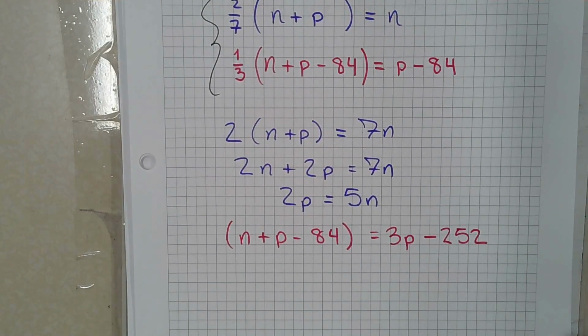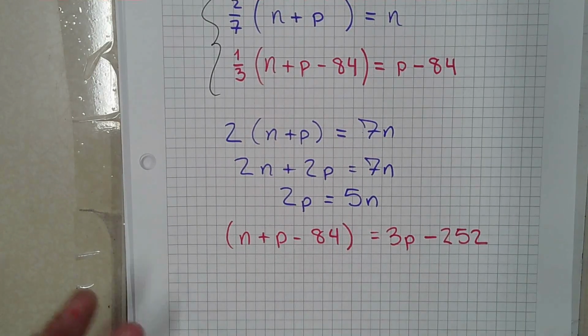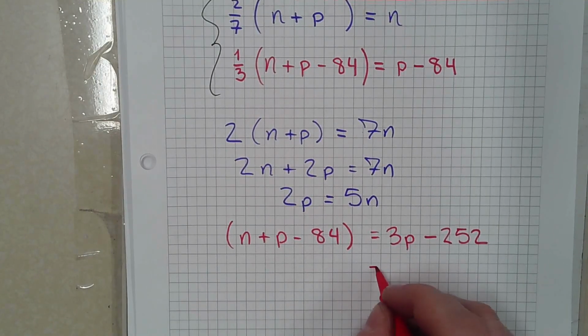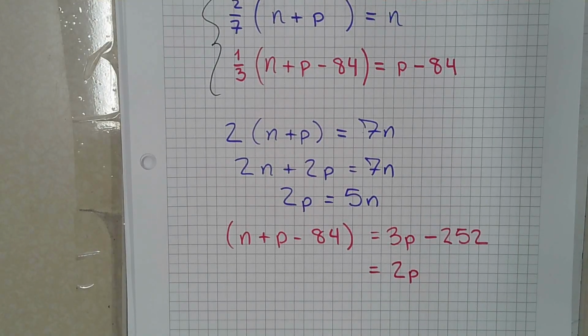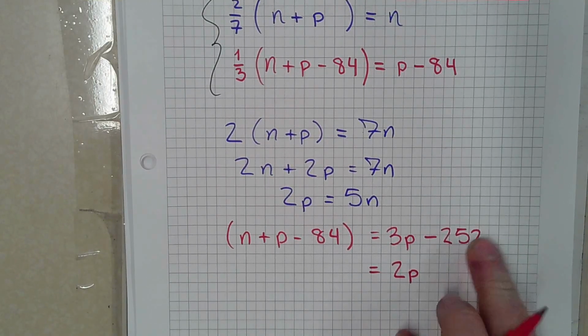So if we simplify a little bit, getting our p's together, right, and getting our regular numbers together, we can simplify this equation down to make it look a little bit nicer. So this is all adding and subtracting. I don't need to treat it like it's one term anymore, so I can ignore those parentheses. If I subtract p from both sides, I end up with 2p. And I think I'm going to actually add 252. So this is gone.